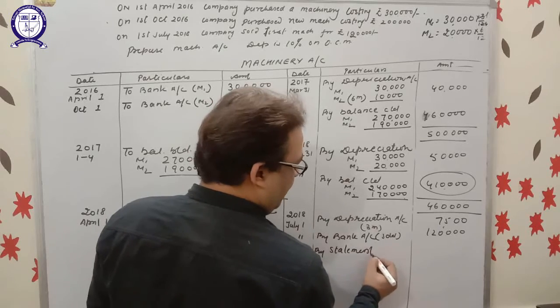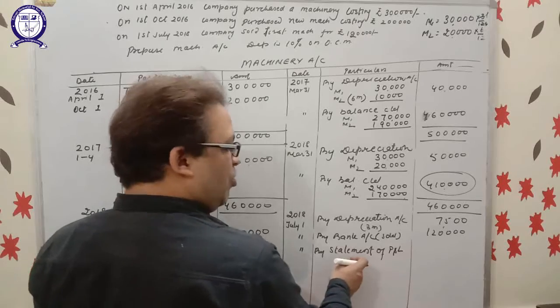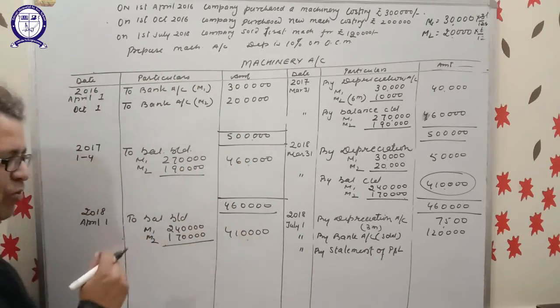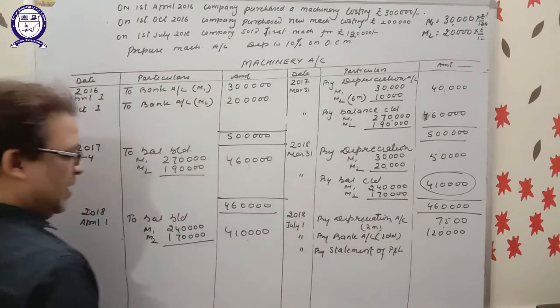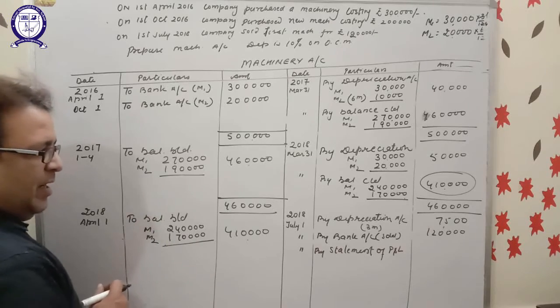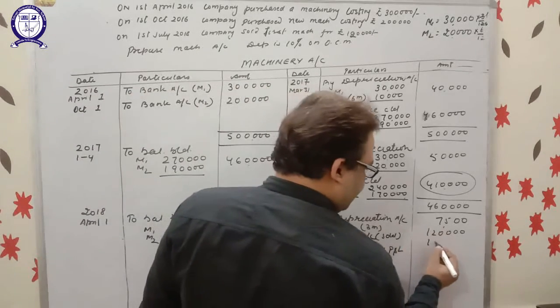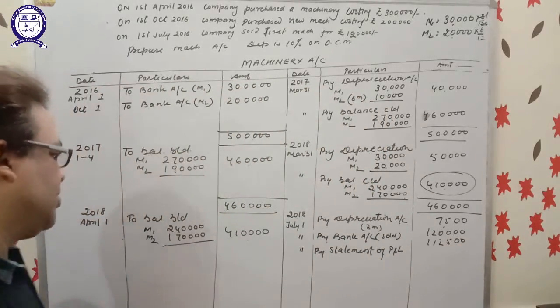By statement of profit and loss: if there is a loss, record it on the credit side; if there is a profit, record it on the debit side. So how to calculate? 240 minus 7,500 is 2,32,500. 2,32,500 minus 1,20,000, so 1,12,500 is the loss.